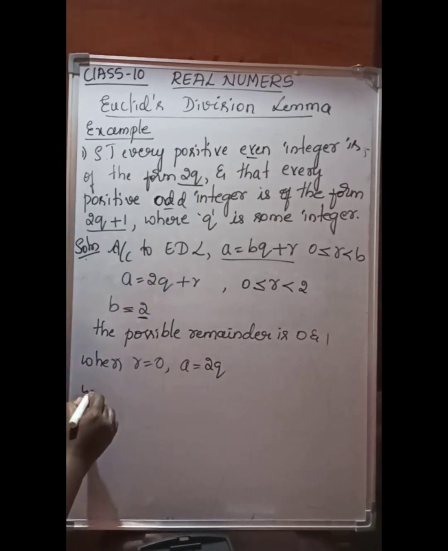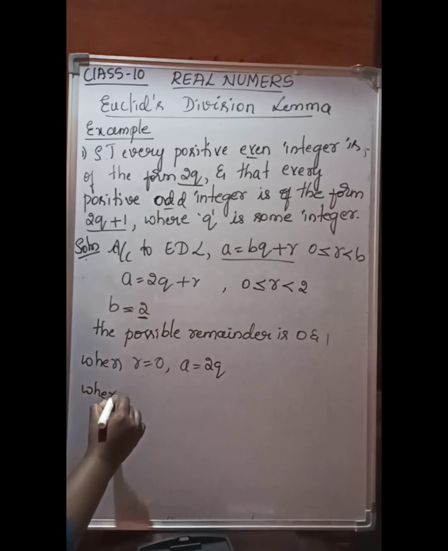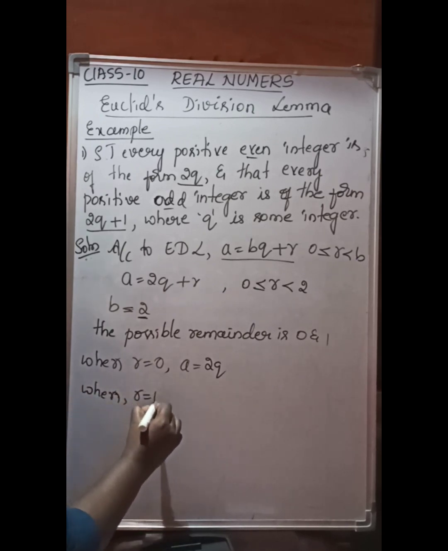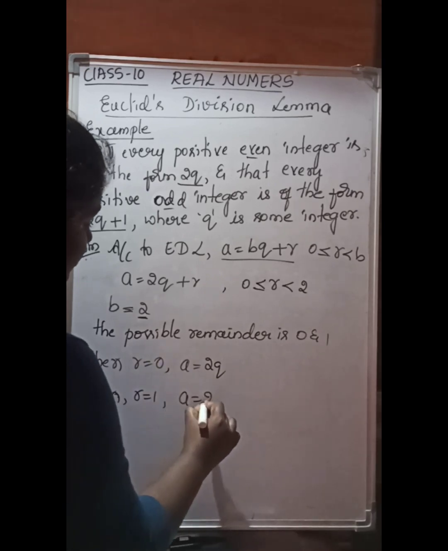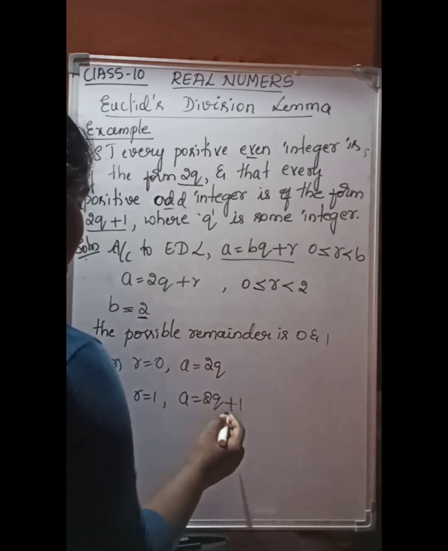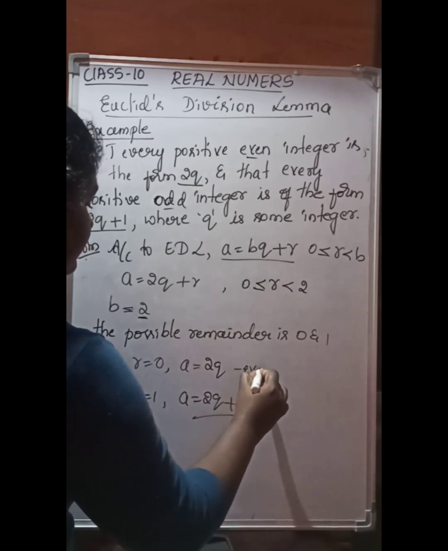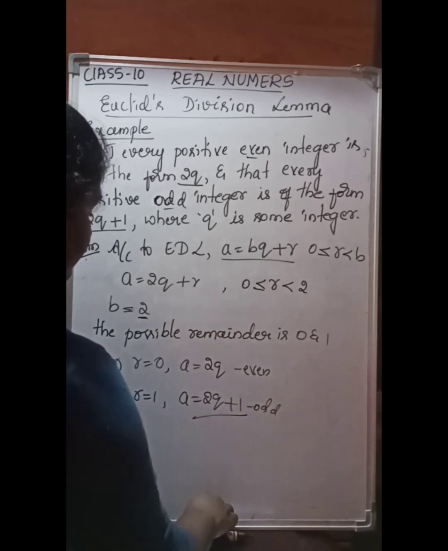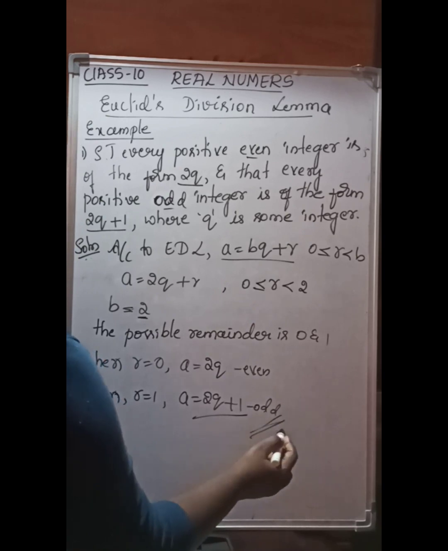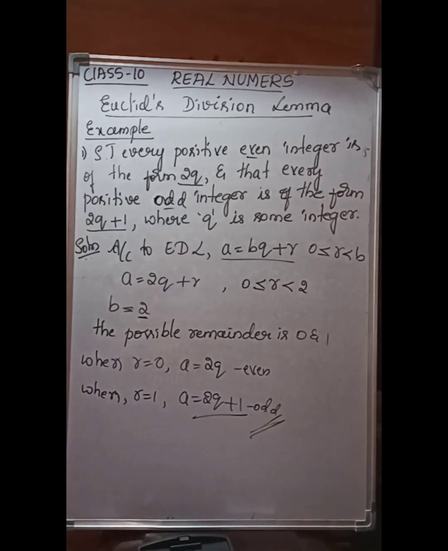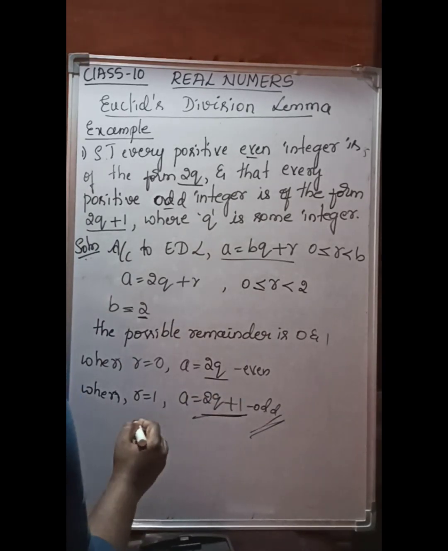So when r equals 1, what will happen? a equals 2q plus 1. See, this is an odd integer and this is an even integer. So any positive integer can exist in the form of 2q and also 2q plus 1.